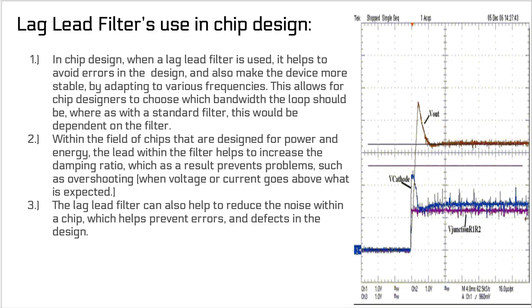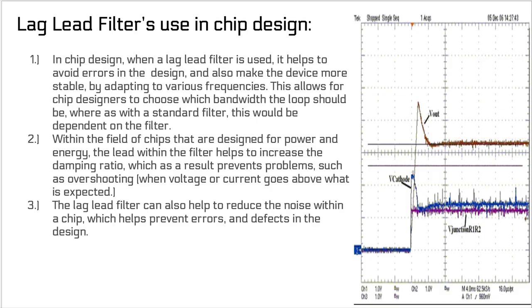Now I will discuss the lag lead filter's use in chip design. First of all, within chip design, the lag lead filter is used to help avoid errors in the design process, such as when the device isn't stable. A lag lead filter is used to make the chip itself more stable, because it helps to adapt to various frequencies, as discussed before. And the reason this is important is that it allows chip designers to choose which bandwidth the loop should be.